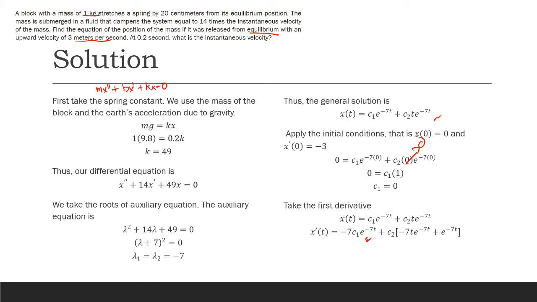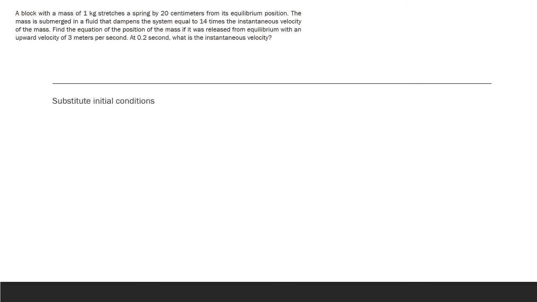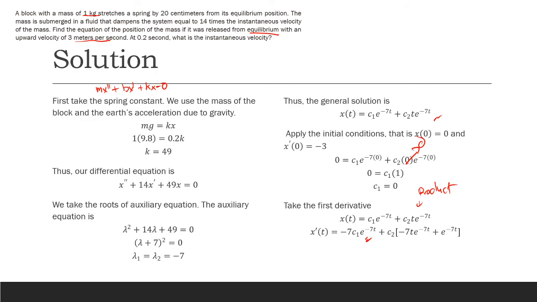The second term is a product, so we use the product rule. We have c2 times negative 7t e raised to negative 7t plus e raised to negative 7t. So, this is our first derivative.